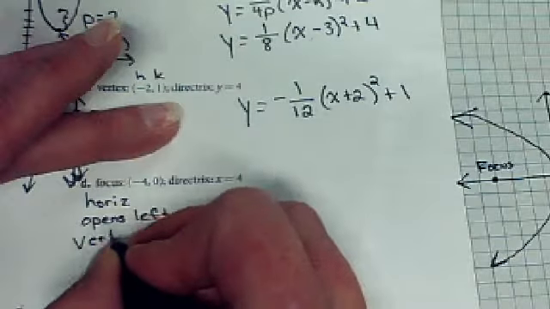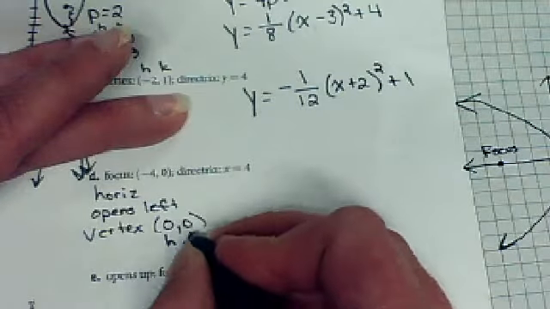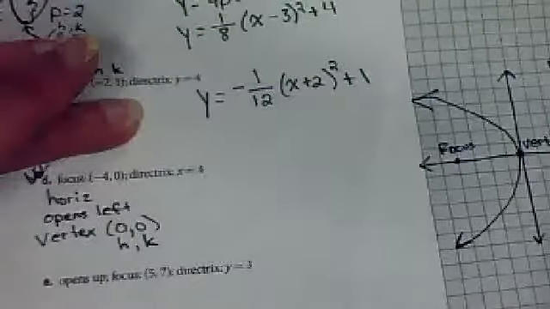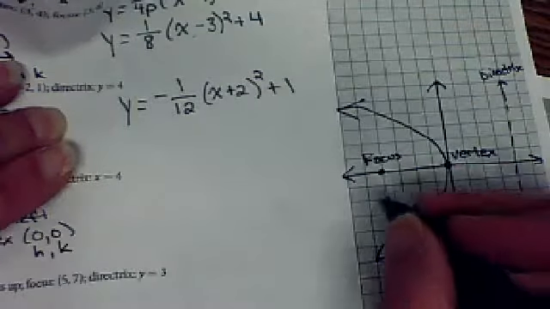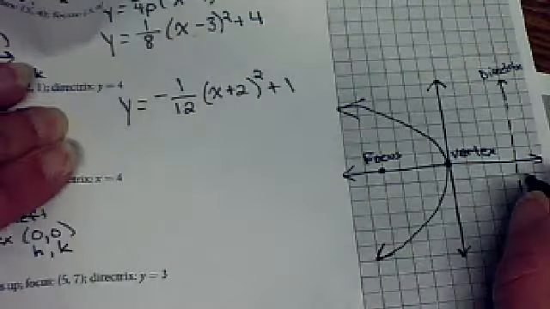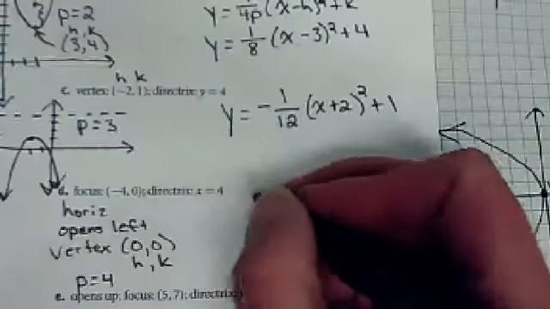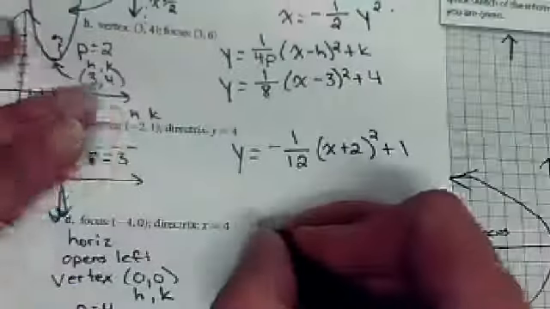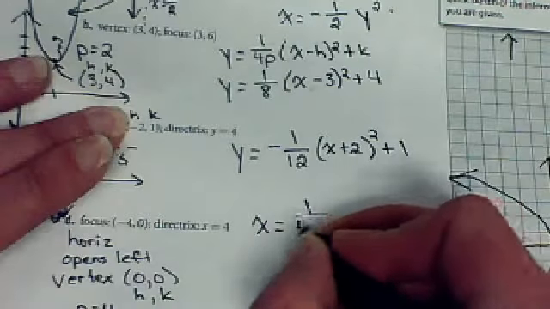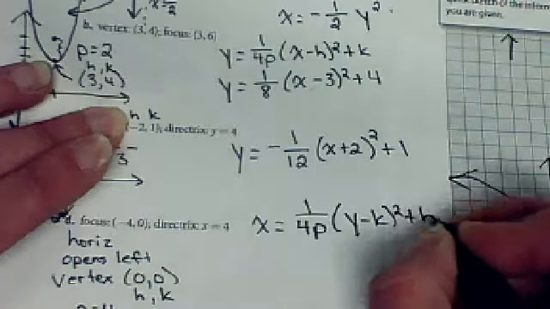The vertex is (0, 0). And remember, that's my h and my k. The only other thing I need is p, which is the distance from the vertex to the focus and the distance from the vertex to the directrix. Well, if I count either way, it's 4 steps. So when we get that generic form of the horizontal, remember this was over here, I'm going to write it down again. x equals 1 over 4p times (y minus k) squared plus h.